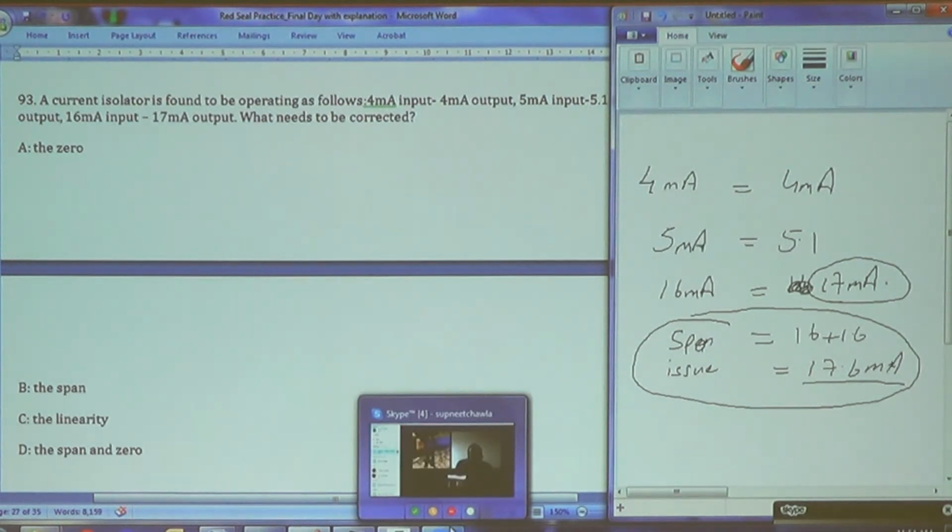Right? Yes, Jaydeep. Usually it's span and linearity, but people will usually check linearity first and then go to the others. So linearity is the most probable.